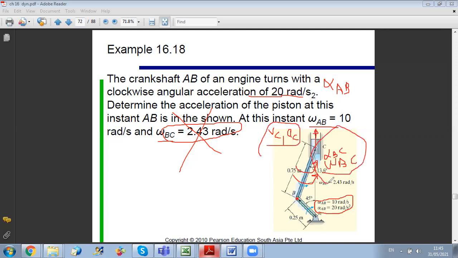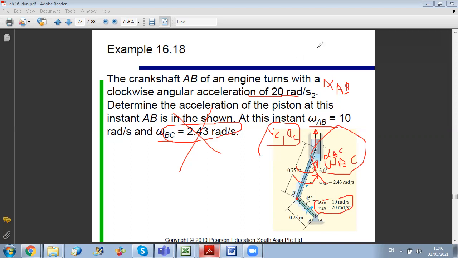So as usual, we need vectorial relations. So you can relate velocity of C to velocity of B, and acceleration of C to acceleration of B. Then you will have 2 vectorial relations, which will give you 4 equations with 4 unknowns. Okay, so this is the strategy to calculate these unknowns.